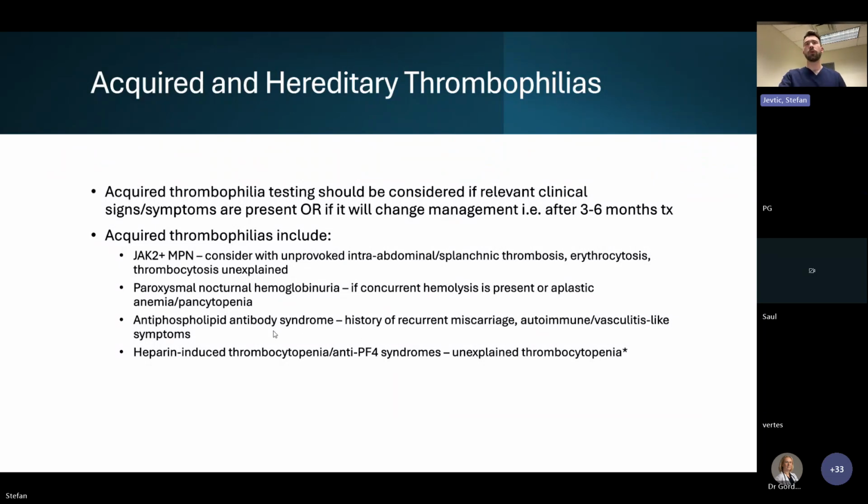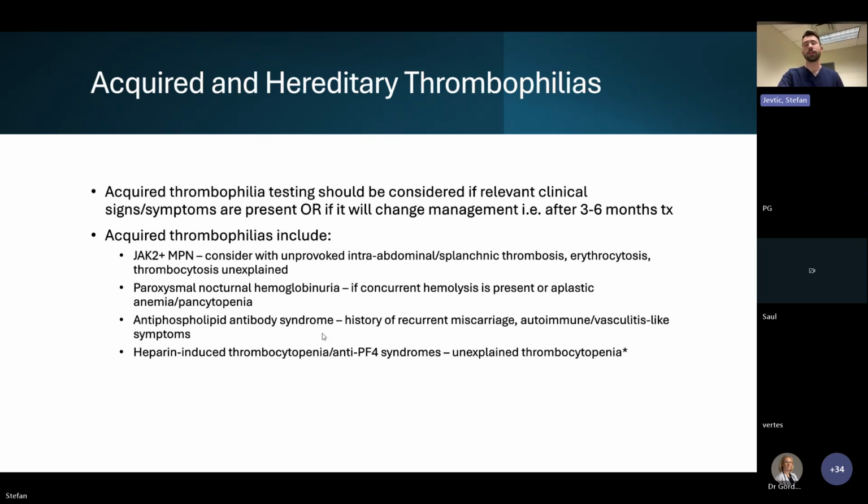Antiphospholipid antibody syndrome. In our pre-survey, a lot of practitioners said they would send a lupus anticoagulant. I'll remind everyone that lupus anticoagulant is also a clot-based assay. So that's kind of the theme of today. Clot-based assays are very likely to be falsely positive in the setting of acute thrombosis or on anticoagulation.